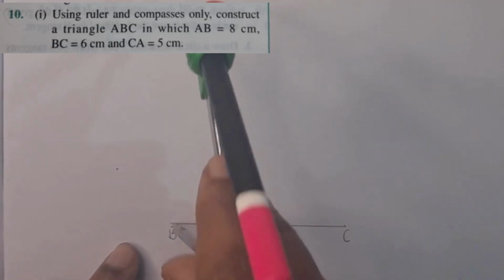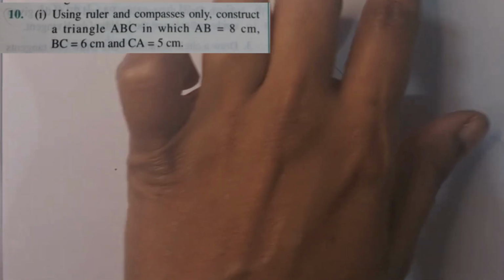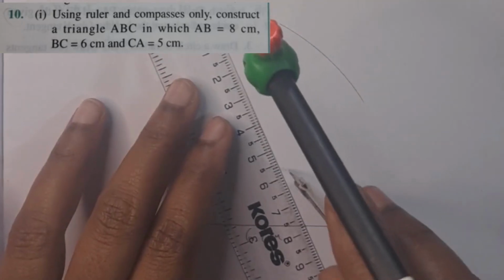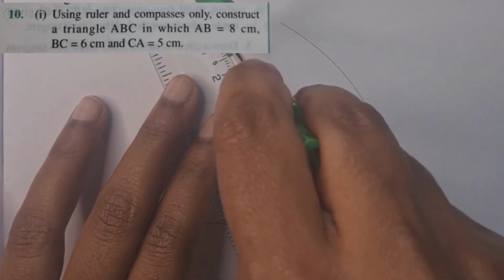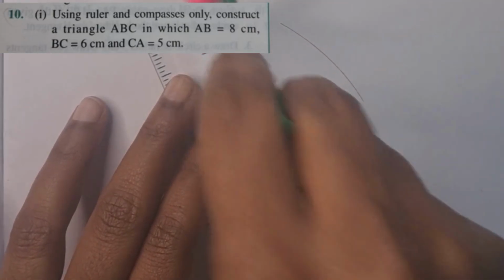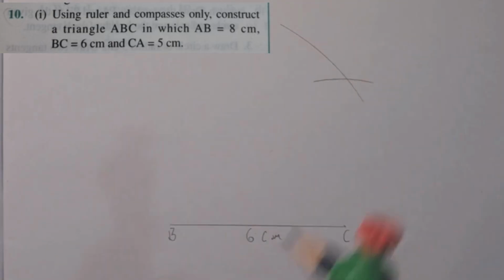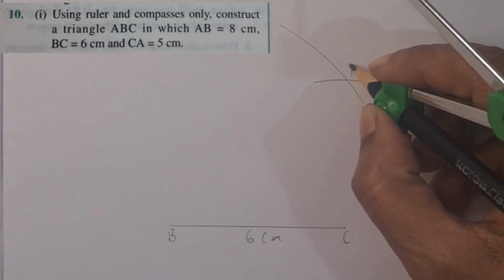From B, with 8 centimeters, we have to draw one arc. Next, CA is equal to 5 centimeters. We have to take 5 centimeters with compass, C as center, cut that arc. Where these two arcs intersect, we have to mark A.